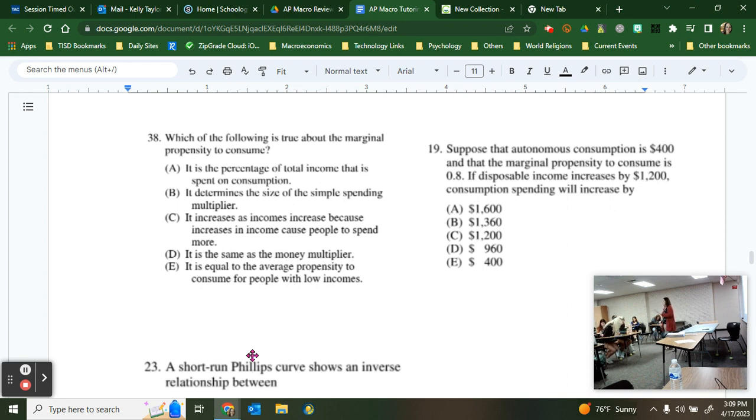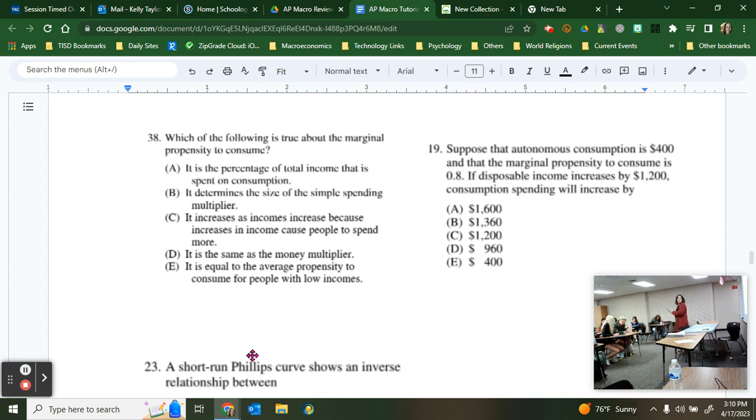The equation is 1 over MPS, and MPC determines MPS because it's either one or the other. The formula for the spending multiplier is 1 over MPS, and MPC plus MPS is equal to 1.